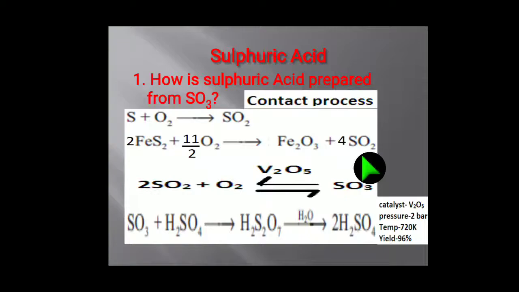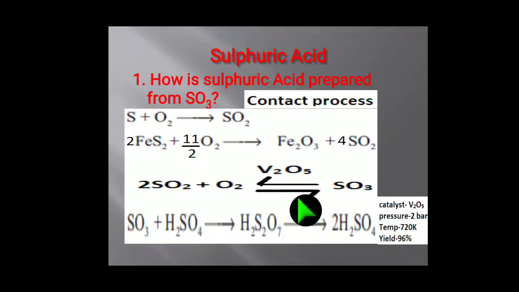The second step, the sulfur dioxide is oxidized to sulfur trioxide SO3 by air in the presence of vanadium pentoxide as a catalyst. The second step we got sulfur trioxide.